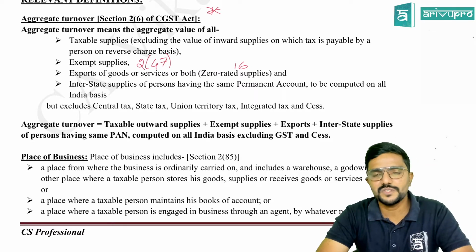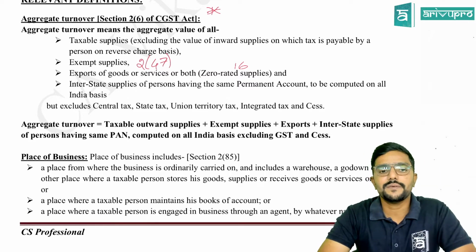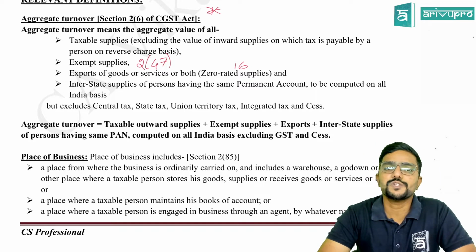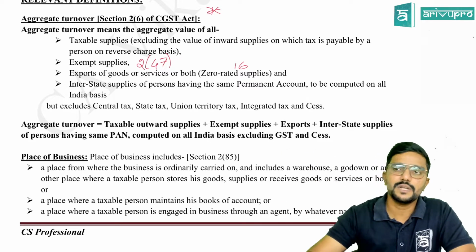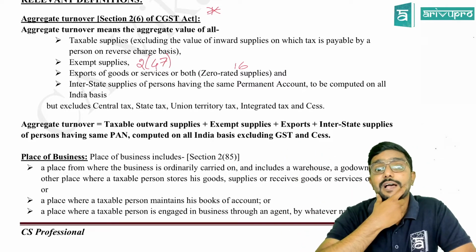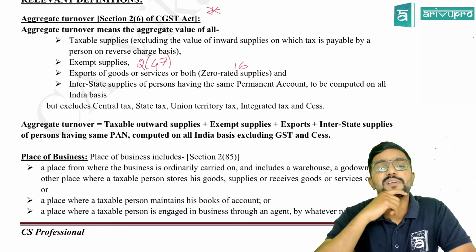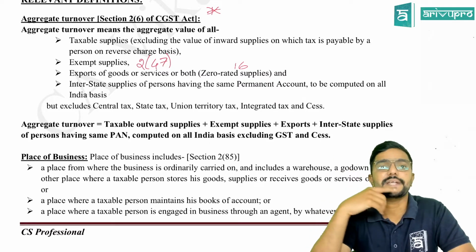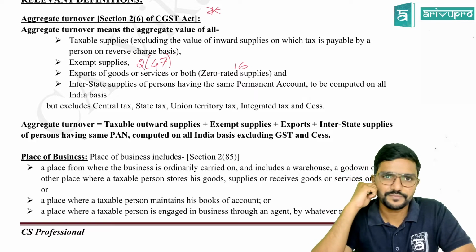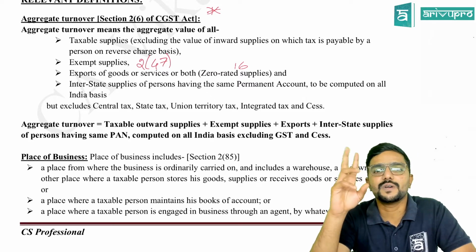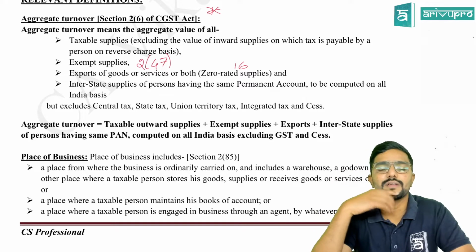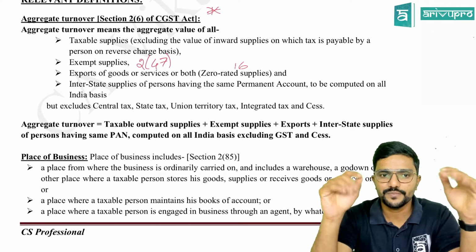I have also told there, whatever aggregate turnover definition is given in 2.6, it is applicable for the entire Act. It will not change. But only for the composition scheme, some alterations have been given in explanation 1 and 2 of section 10. Agree? That is, the aggregate turnover will not include one or two things they have given. As per explanation 1, come on. This is just for a recall, guys.